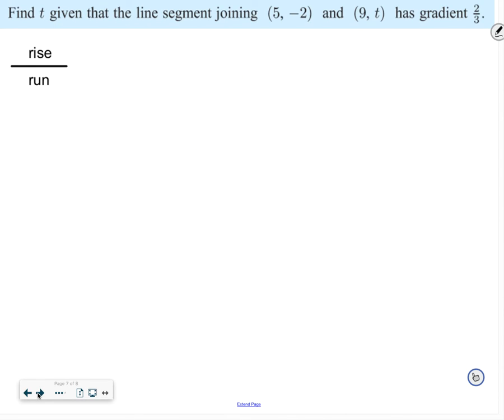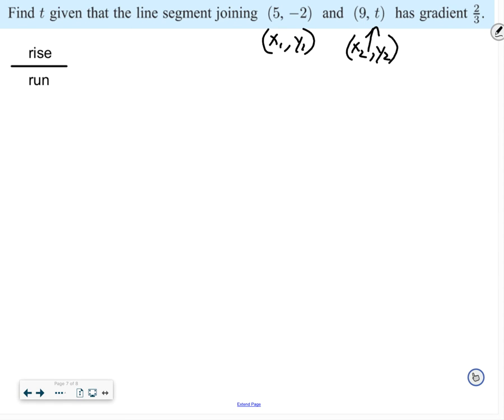Okay, so here I'm going to kind of backwards solve. I have some unknown t. So I want to find t, given that the line segment joining (5, negative 2) and (9, t) has a gradient of 2/3. Okay, so let's call this x1, y1. Let's call this x2, y2.